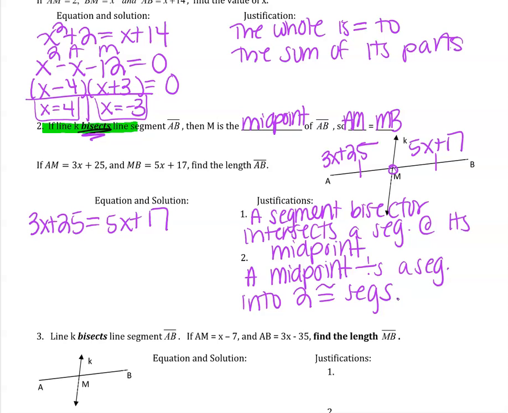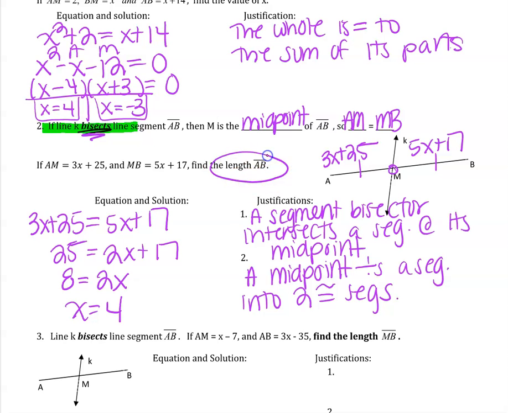Now, if I go back to solving, I could subtract the 3x. I'd still have to subtract the 17, so that's 8. So x equals 4. Oh, actually, before I stop, this problem wants me to find the length of AB.